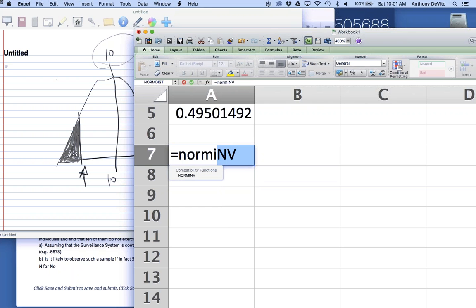Norm inverse. Whoops, wrong way. Is it NORM.S.INV? NORM.S.INV asks me for the probability, the area, and gives me the z-score.